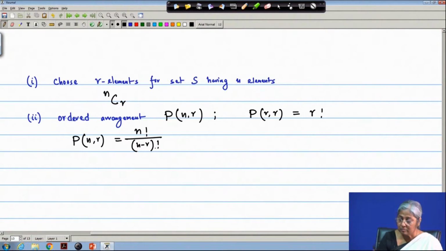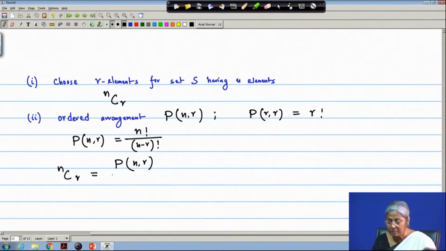So, I can write that my NCR is PNR by R factorial.